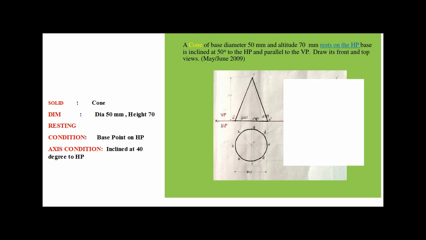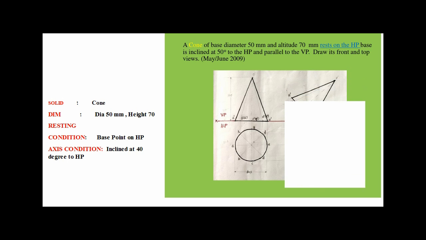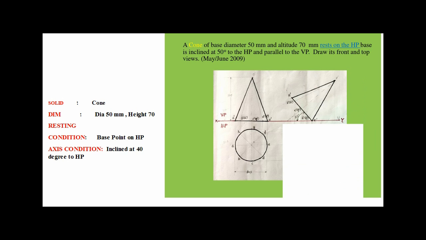Now make sure that in the second stage you rotate the front view, keeping one of the base points, that is E here, on the reference line. Measure the distance of the baseline and note the base distance.